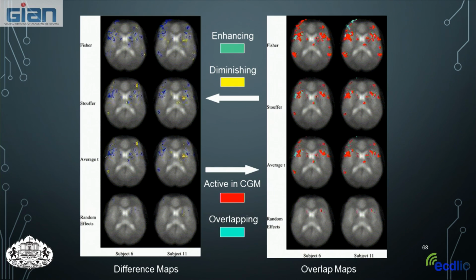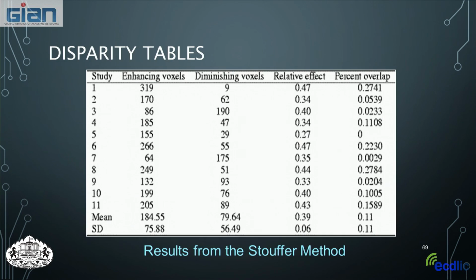When we wrote a paper on it, we had these disparity tables, which show the subject number 1 to 11 on the left. This is how many voxels became added to the complete group map by putting them in. This is how many voxels, the diminishing, went away when we put this person in.